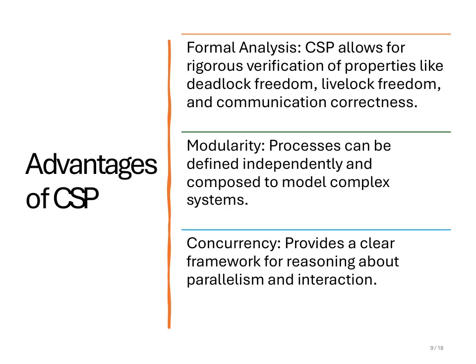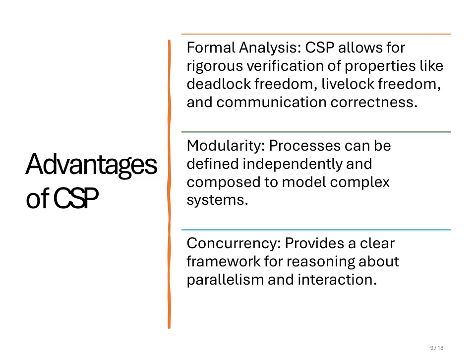CSP supports formal analysis by enabling us to rigorously verify important system properties such as deadlock freedom, which ensures the system doesn't get stuck, livelock freedom, which prevents endless looping without progress, and communication correctness, meaning message exchanges happen as intended.